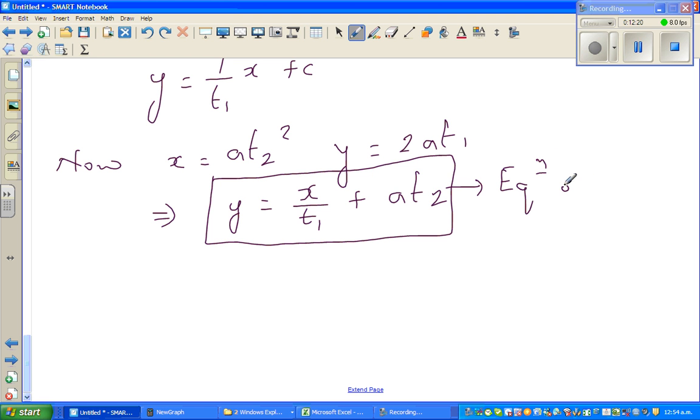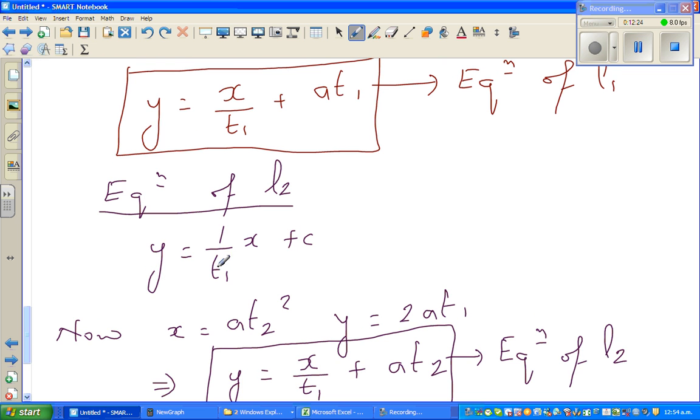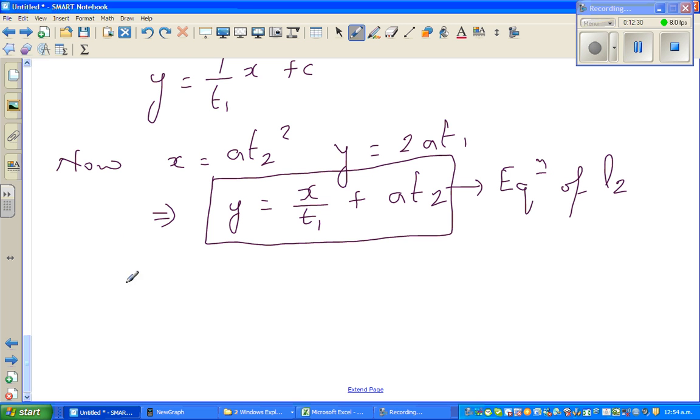Now at the point of intersection, y is equal to this and y is equal to this, so I can compare this with this because they are intersecting. L1 intersects L2, that means there is a common point for both of them.